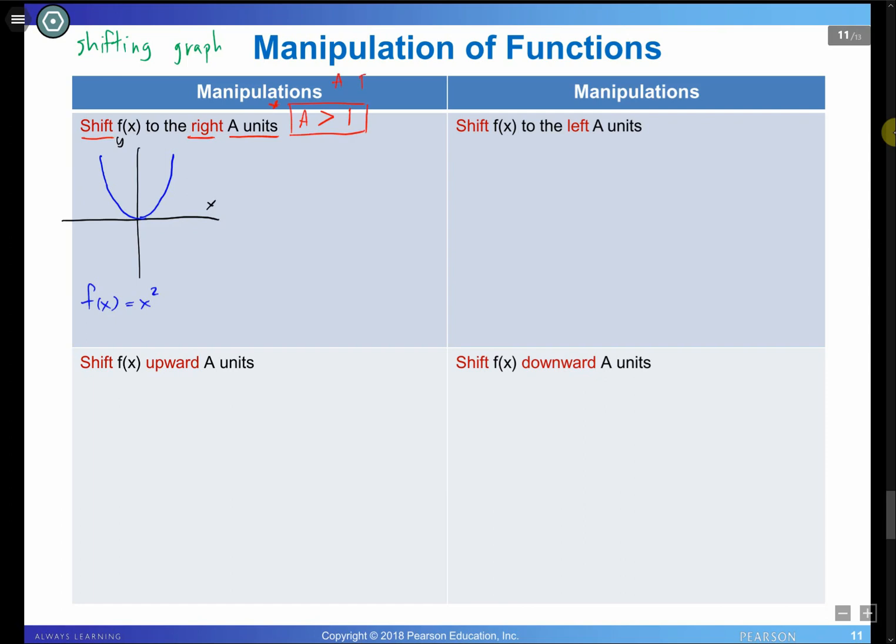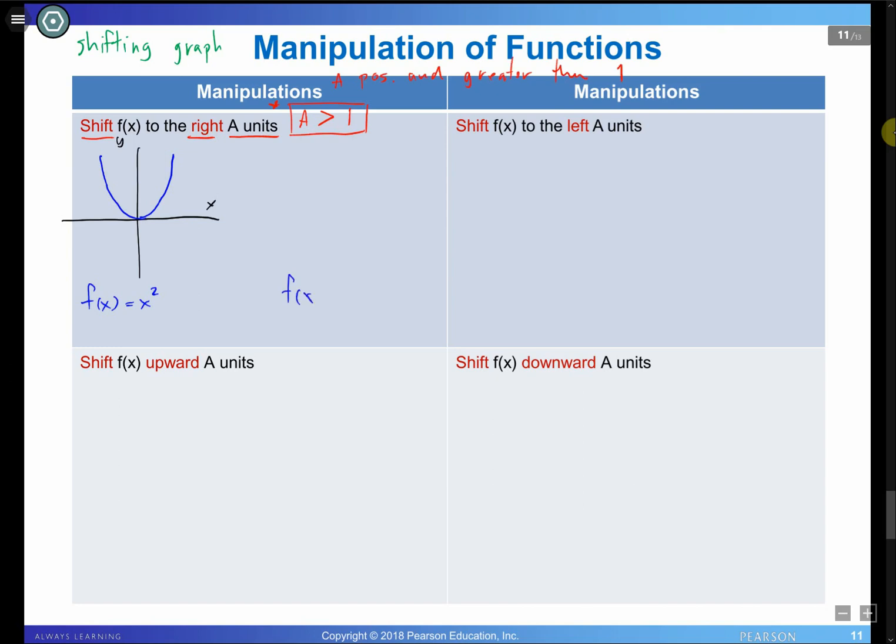A positive and greater than 1. So we are talking about big numbers here. Okay, maybe 1, 2, 3. Definitely not decimals. Okay, so now we want to shift this graph to the right a units, and all you need to do is to do this.